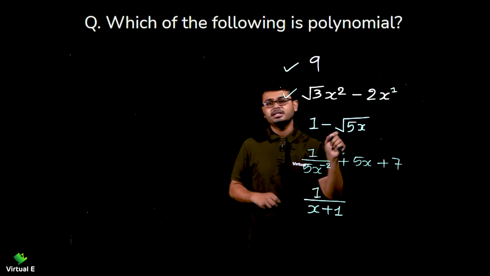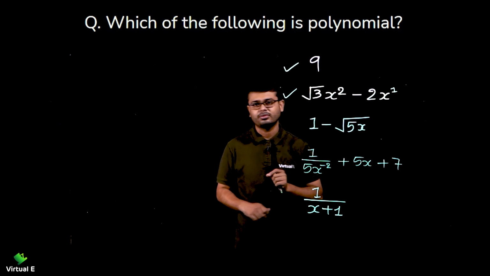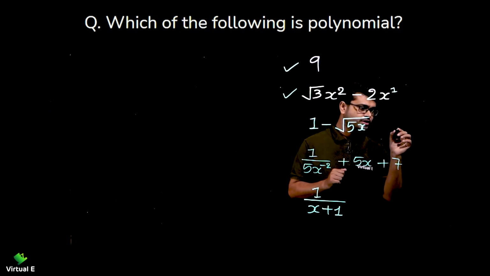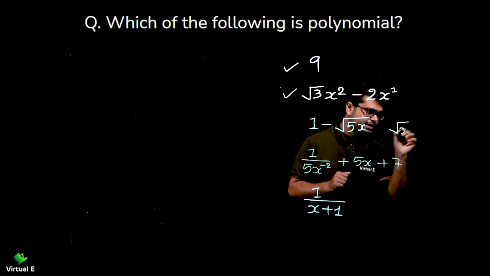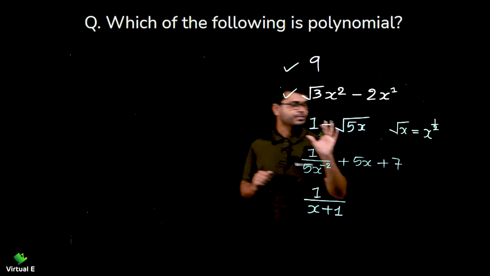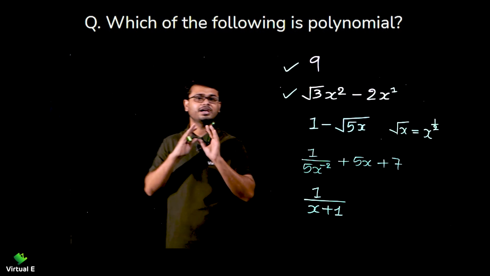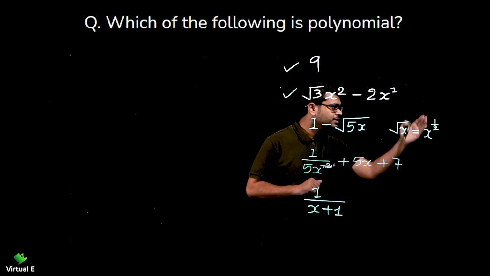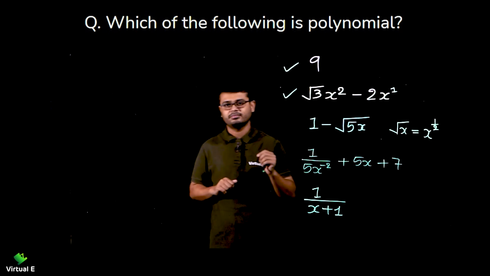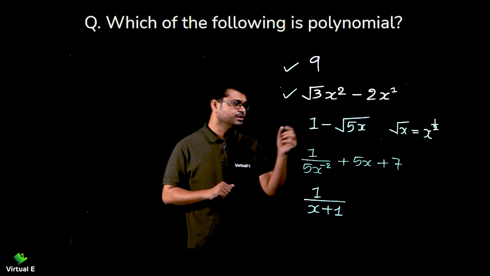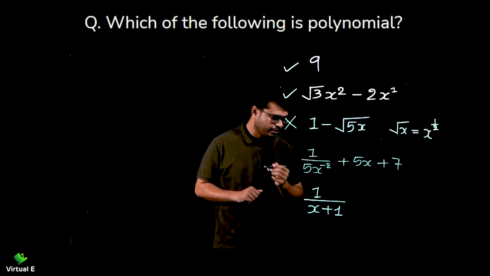Now x is under the square root. We learned in chapter number 1 that if something is under the square root, then we can write it as x raised to 1 by 2, right? Now this is not what we are expecting in a polynomial, because this is a non-integer number. This is a fraction, not accepted. So this is not a polynomial.